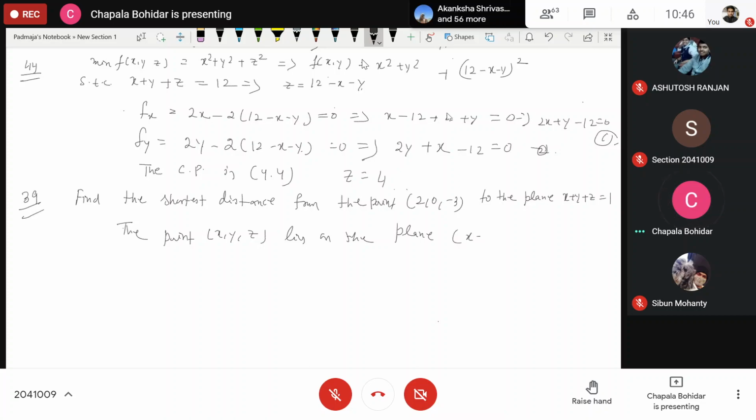Then the distance from the point (2, 0, minus 3): d is equal to, I already wrote half of it, square root of (x minus 2) squared plus y squared plus (z plus 3) squared.